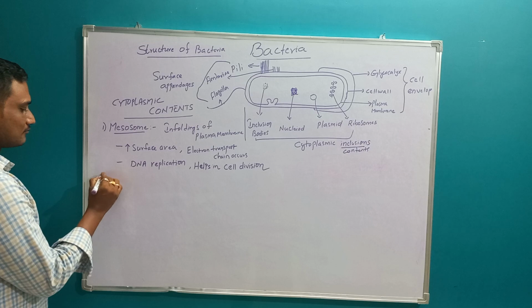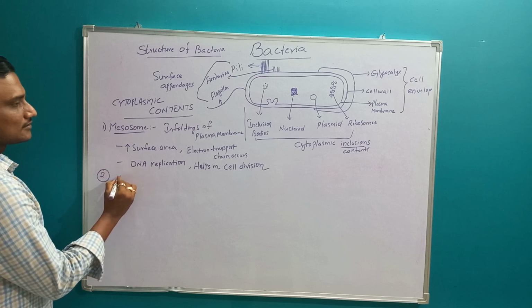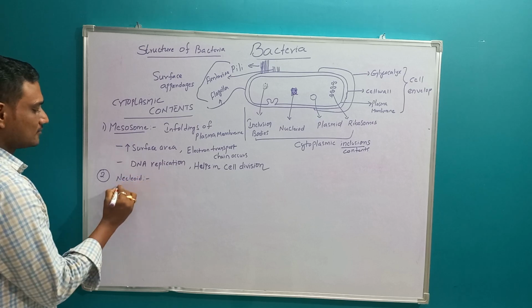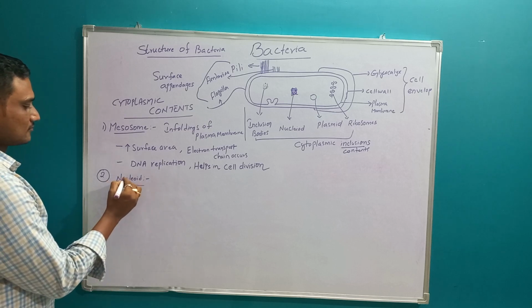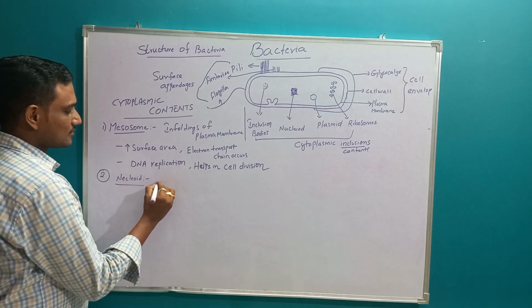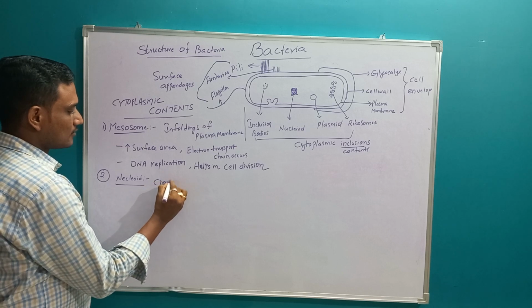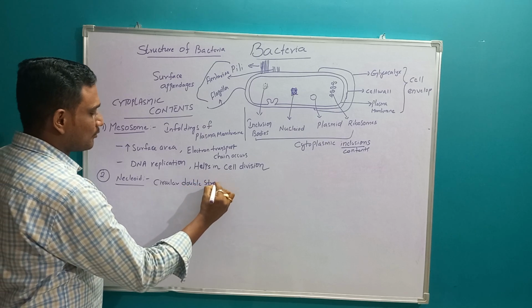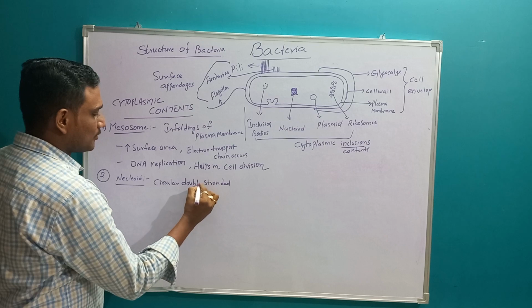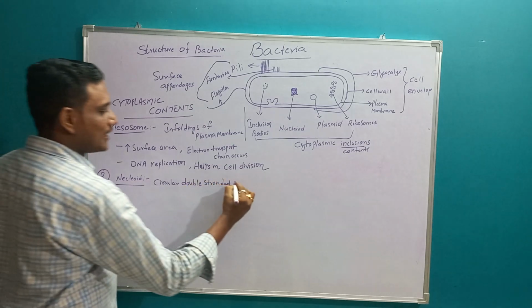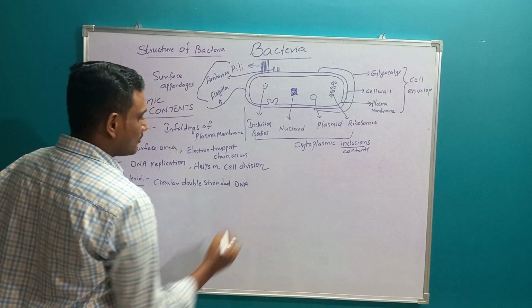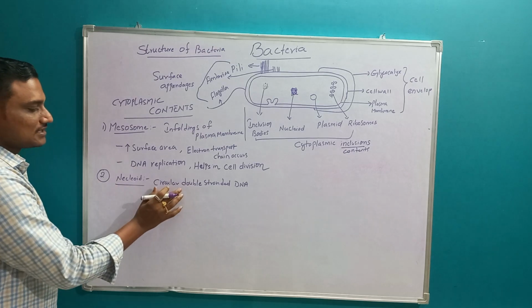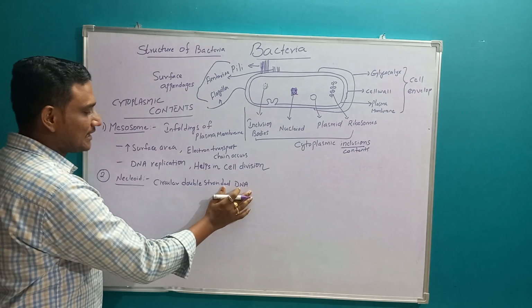The second structure is the nucleoid, which is circular double stranded DNA.